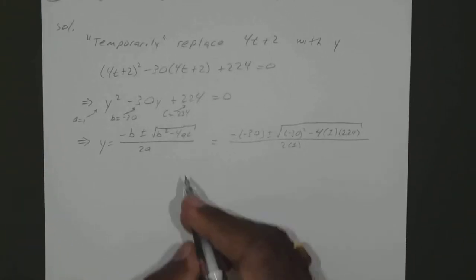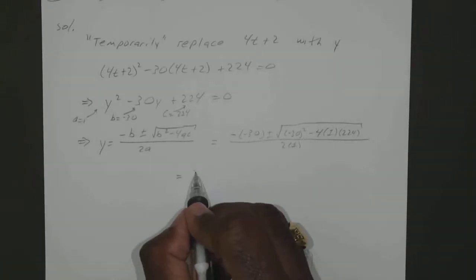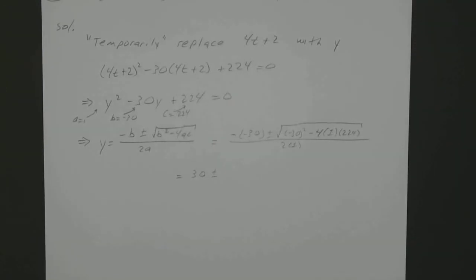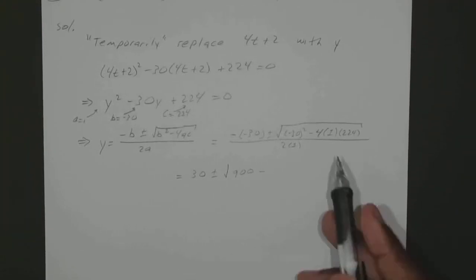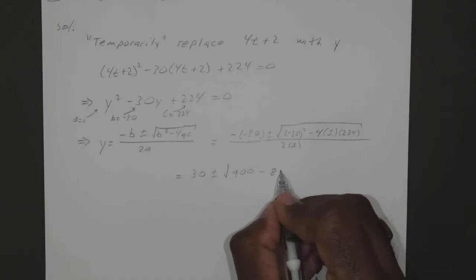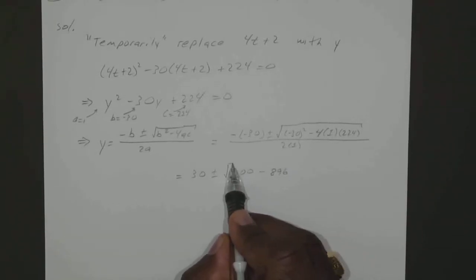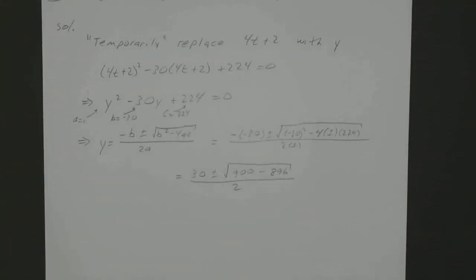So this would give us, well, negative and negative is positive, so you have 30 plus or minus the square root. Negative 30 squared is 900 minus 224 times 4, that's 896, all over 2 times 1, which is just 2.